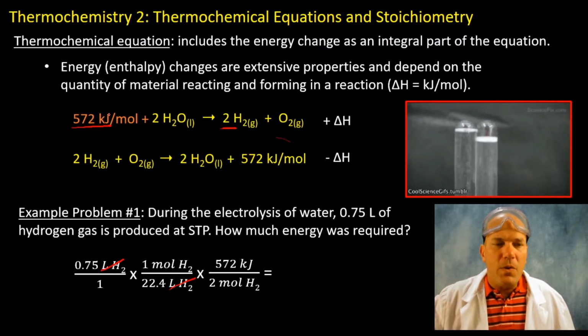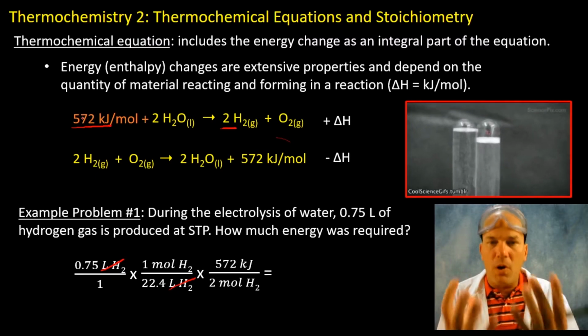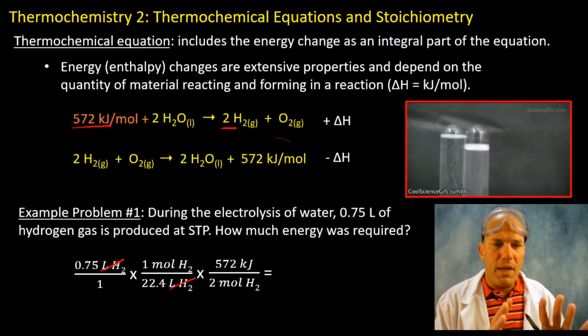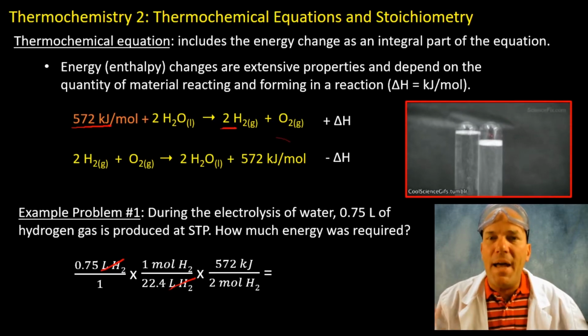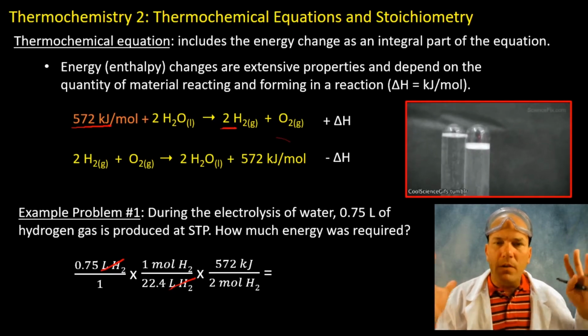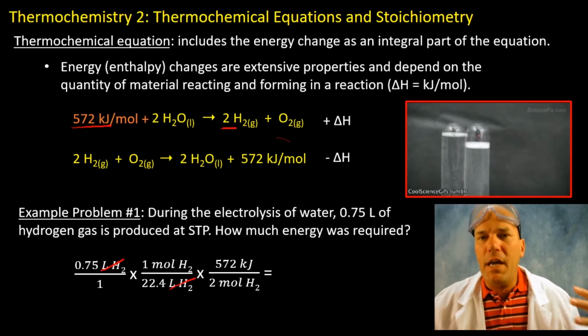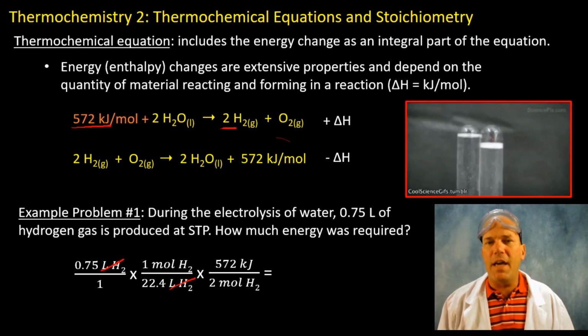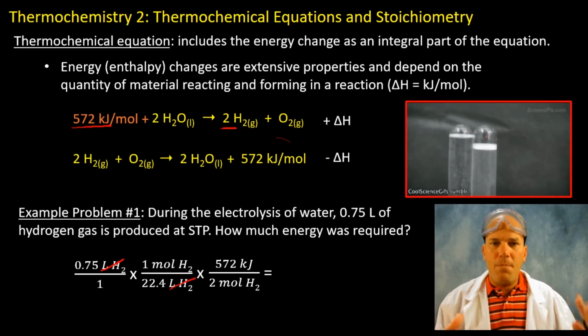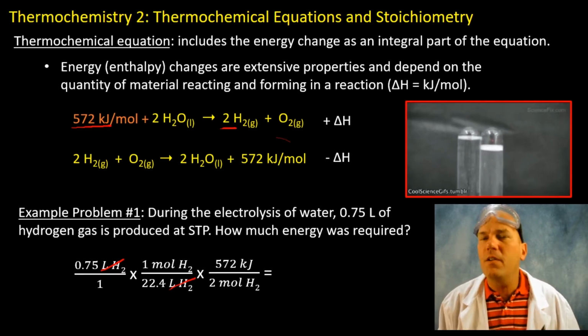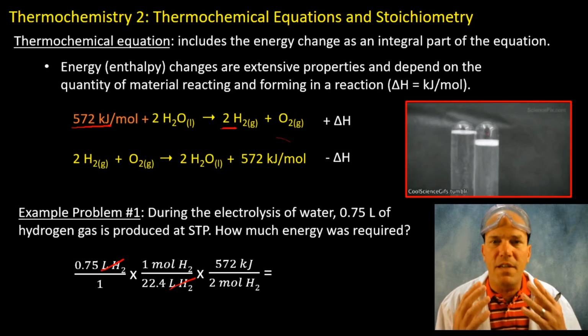All right. So again, this is just a part of the equation. And this overall balanced equation, where 2 moles of water are split to yield 2 moles of hydrogen gas and 1 mole of oxygen gas, overall, for that process, requires 572 kilojoules of energy.